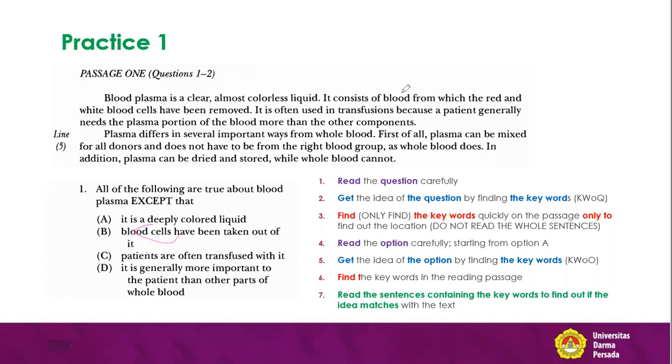We see blood cells, and then remove. Blood cells, remove. Blood cells taken out. The same meaning. Remove and taken out have the same meaning. So that means B matches with this one. But we need to find something except. So we don't choose B because this matches this one.